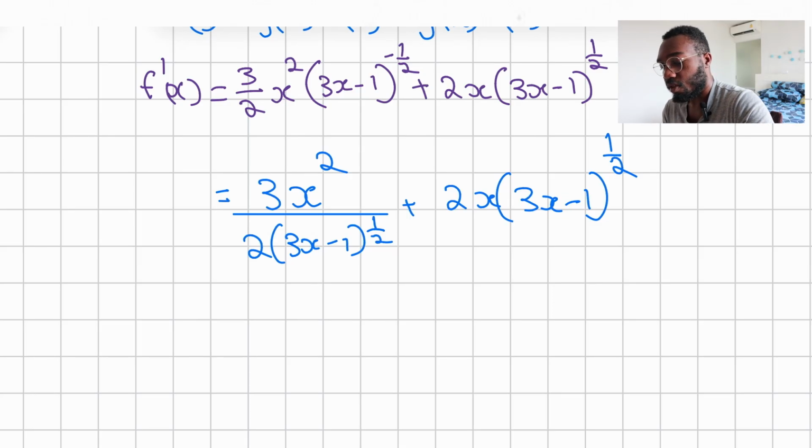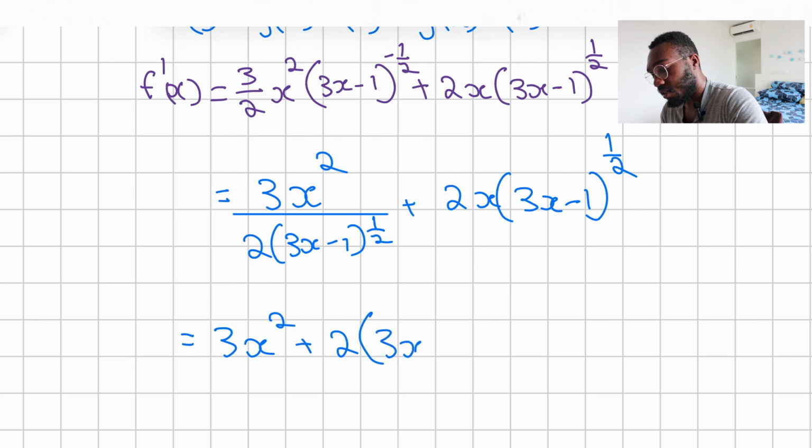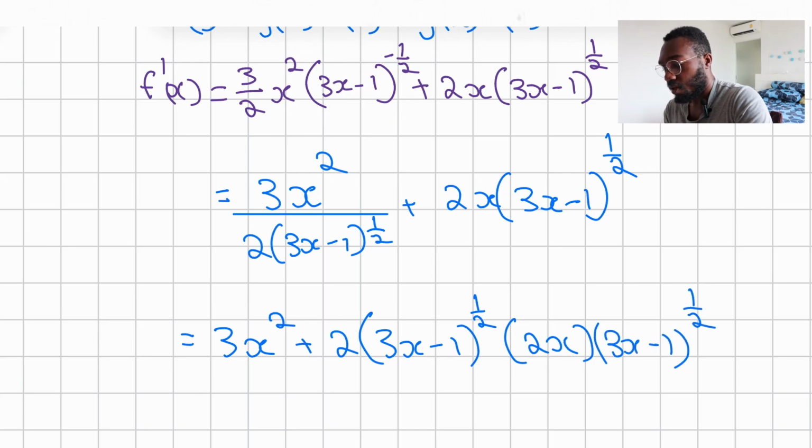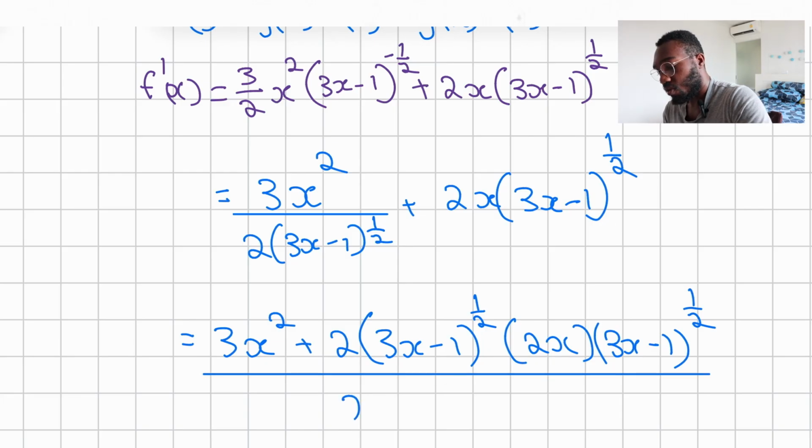So if we were to do that, we would get 3x squared plus 2 times 3x minus 1 to the half, times by the 2x, and then the 3x minus 1 to a half. Okay, and now this will all be over 3x minus 1 to the power of a half.